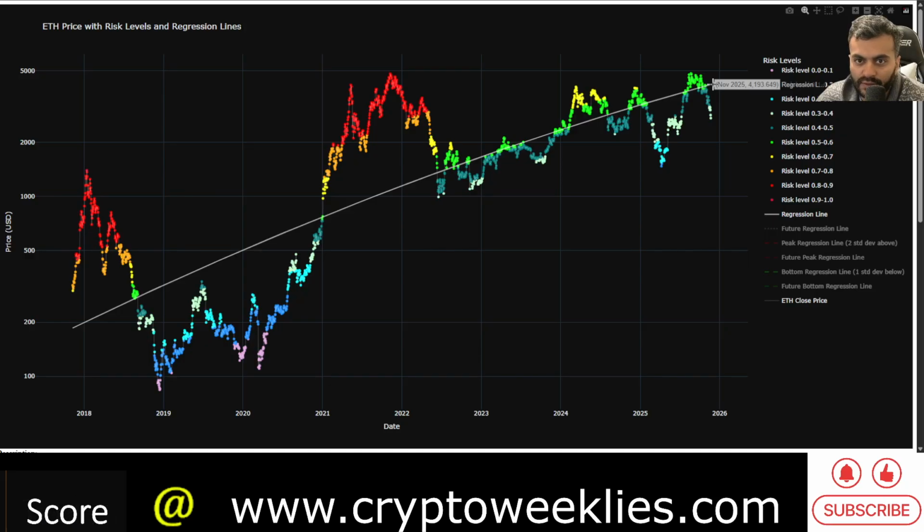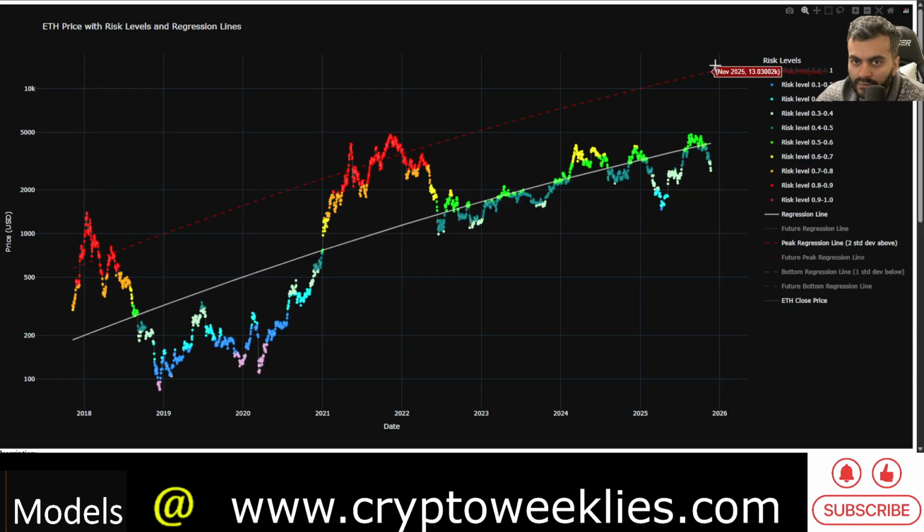That's because ETH is slightly newer compared to Bitcoin, started sometime in 2015. This model considers price action since 2017 for ETH to come up with a fair value. The bottom regression line for ETH is out of scope. And the topping pattern for ETH this time around was 13K, but price never came close to this one.